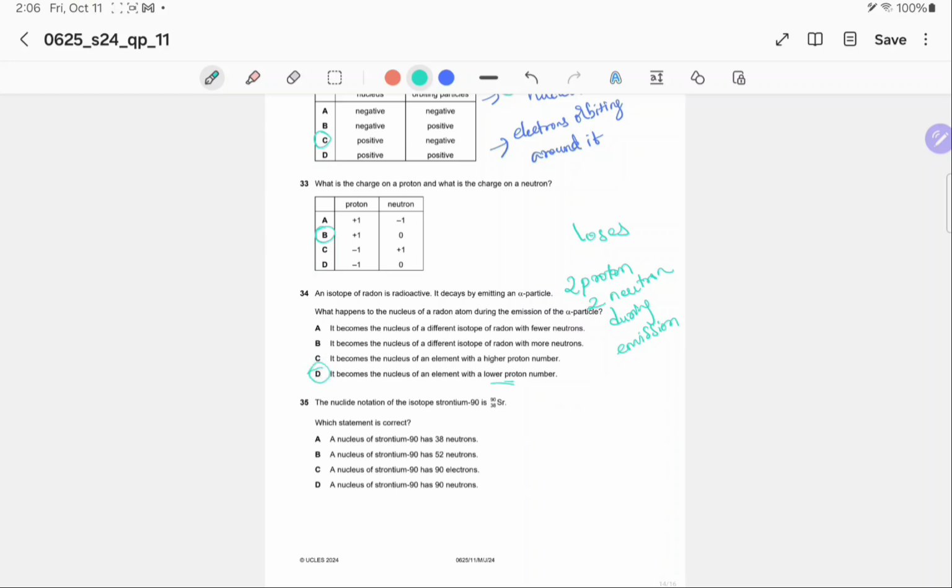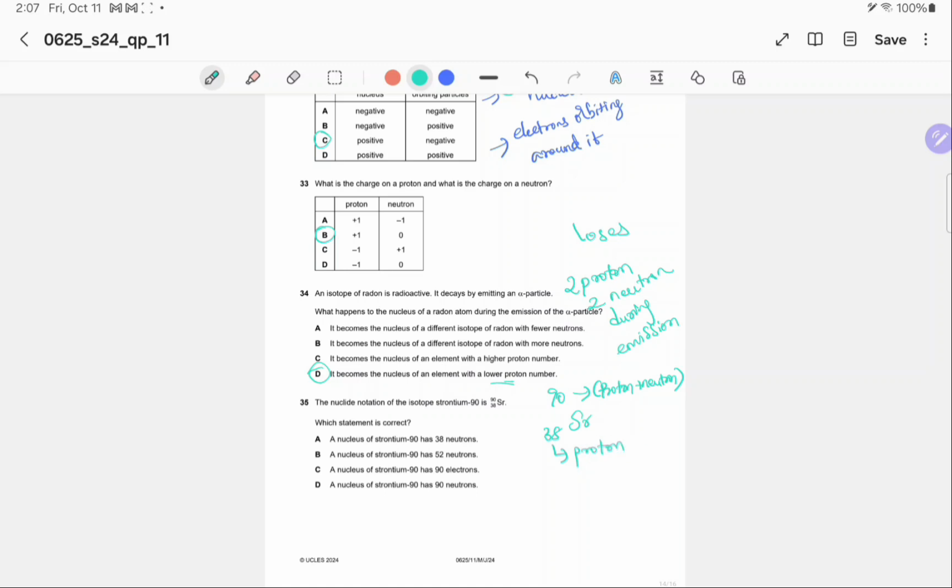Now the 35th question. The nuclide notation of an isotope of strontium is 90, 38 Sr. Here 90 is proton plus neutron, and 38 is the proton number.